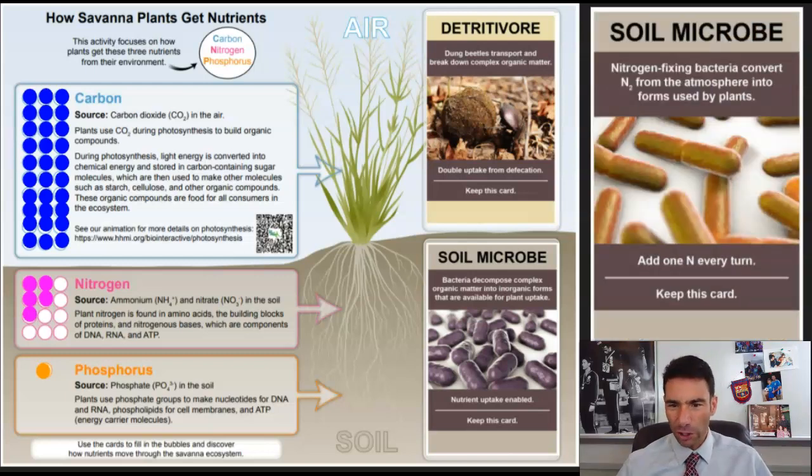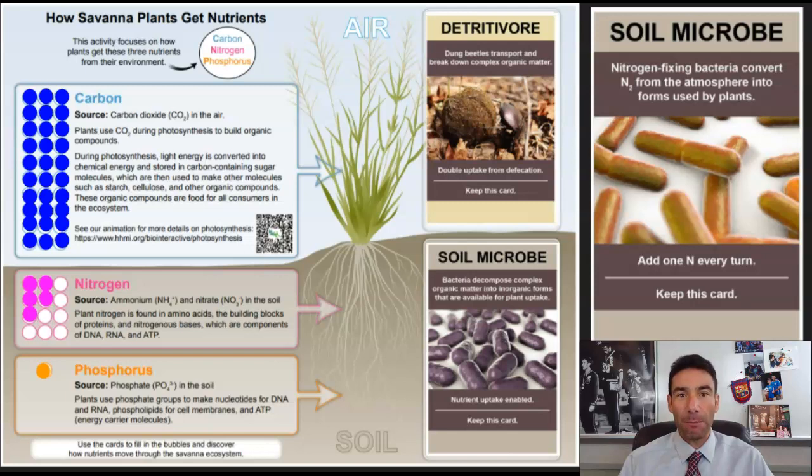Ooh, a different soil microbe. What does this one do? Oh, this is a kind of nitrogen fixing bacteria that converts N2. Remember, that's the stuff that's in the air, in the atmosphere, into forms used by plants. Oh, these are really special bacteria. So these are bacteria that are in the soil. Sometimes they're attached to the roots of plants that actually can take the air nitrogen and turn it into a form that plants can use.